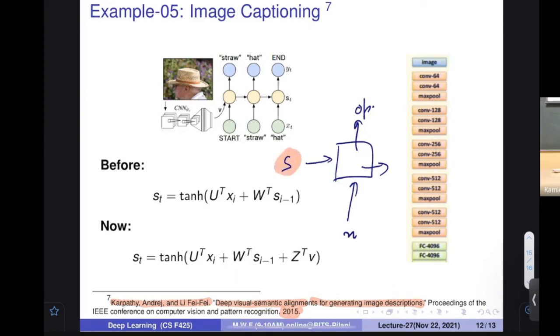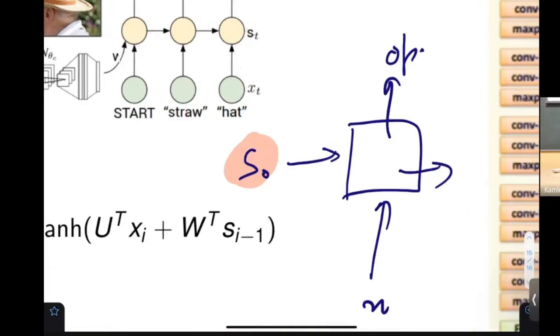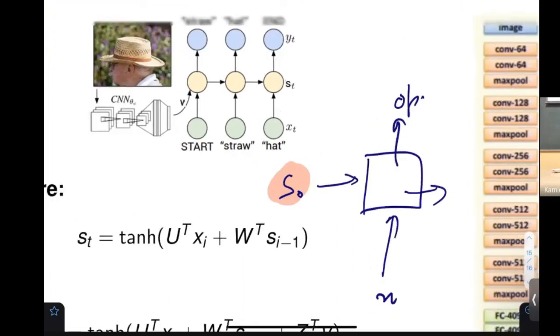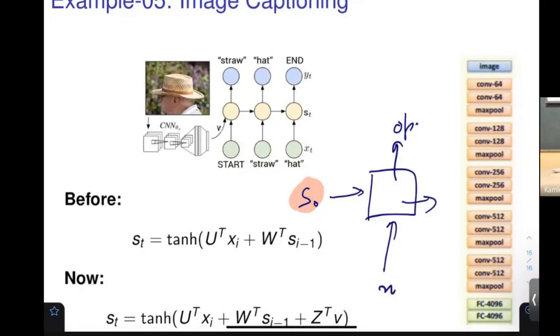Initially I told you what the initial state should be. Some of you asked that question also, and I told you it is not that important, anything can be taken. But here they asked why take anything; sometimes some meaningful information can also be fed into the system.